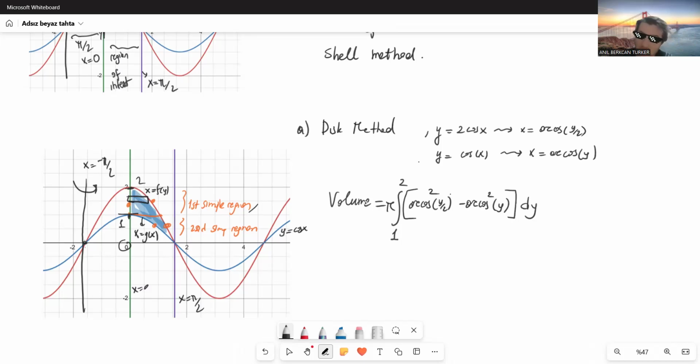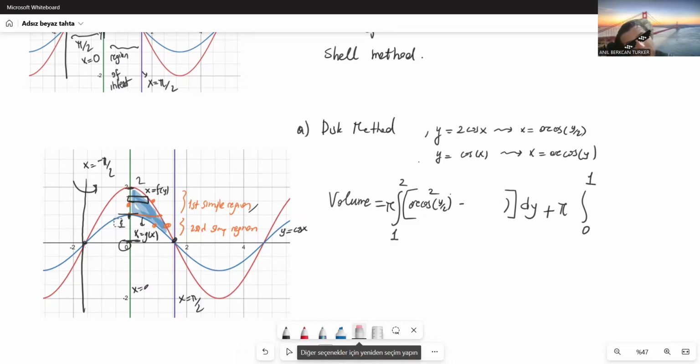Plus the second simple region, from height 0 to 1. So what is the upper one? Upper one is this. Ah, we didn't write this correctly. The upper one is correct, but the lower one is the constant x equals 0, so it is 0 squared.